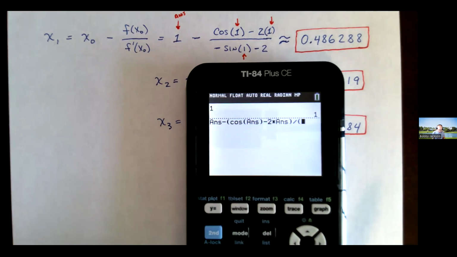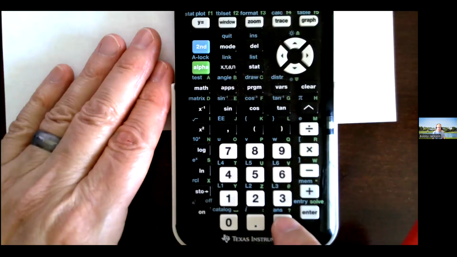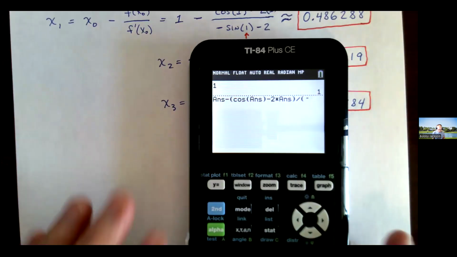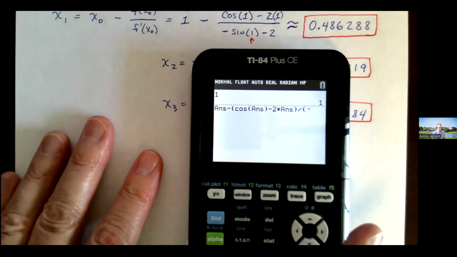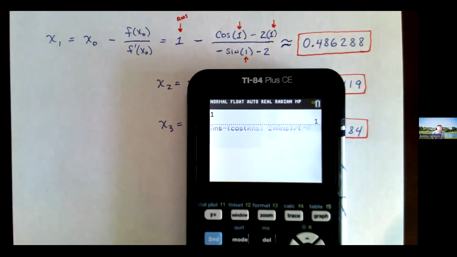Divided by, and then I need to have the denominator in parentheses. This will be negative, and be careful with negative. Don't use the minus sign, use the little negative here. Minus sign is only for when you have two numbers, in between two numbers. So negative sine of answer, and then minus 2.